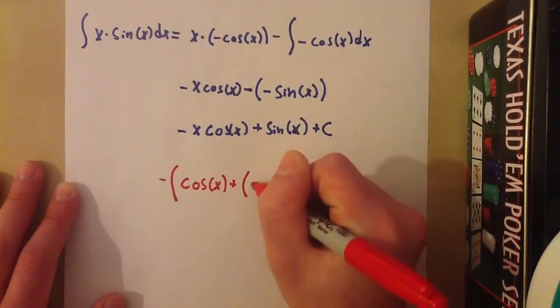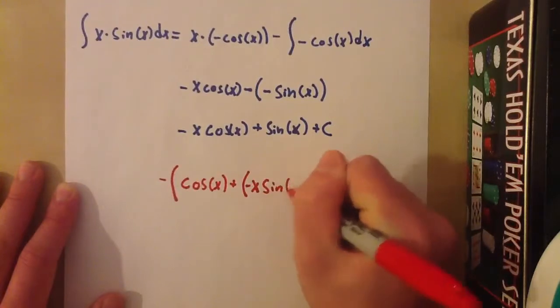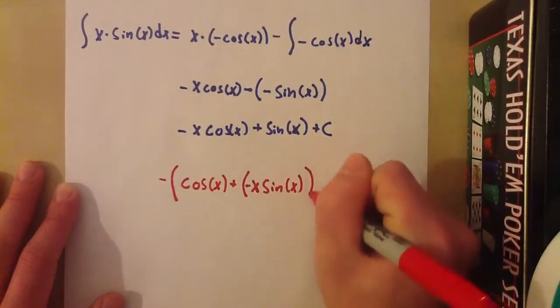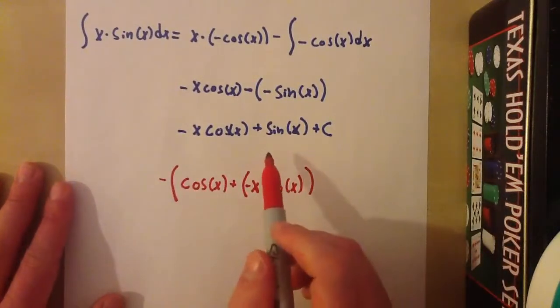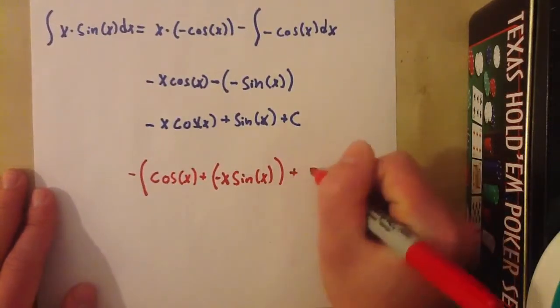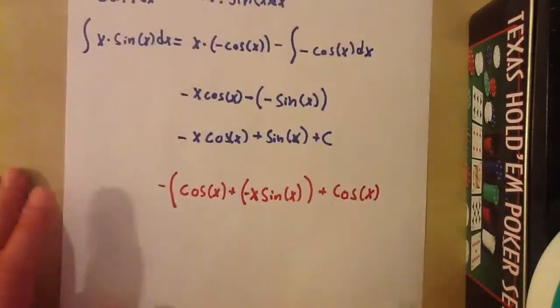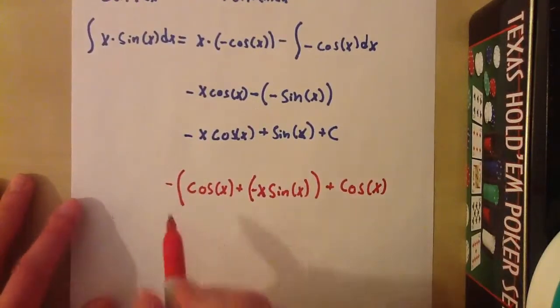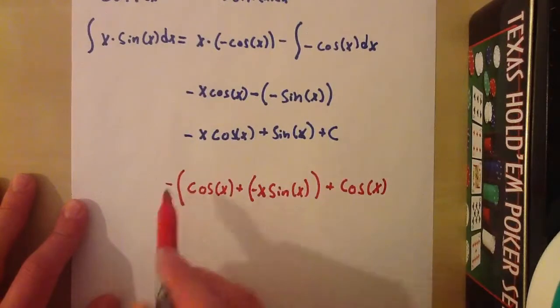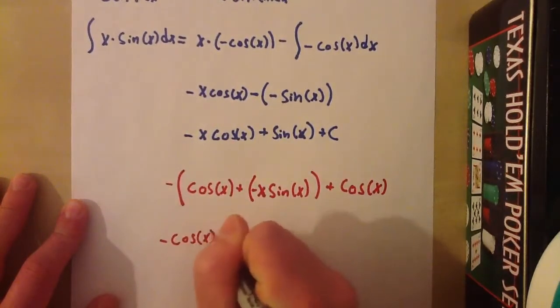So we get negative x sine x. And then we have the derivative of sine x, which is cosine x. And let's see what this turns out to be. Distribute the negative sign. We have negative cosine x.